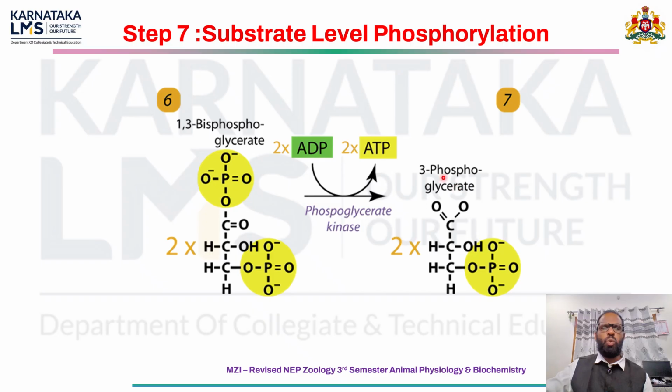That's why two glyceraldehyde 3-phosphates will be there, and because of this, in this reaction two ATP molecules will be generated by utilizing two 1,3-bisphosphoglycerates. This reaction is catalyzed by an enzyme called phosphoglycerate kinase, which is responsible for the transfer of the phosphoryl group from 1,3-bisphosphoglycerate to the ADP molecule. The ADP will become ATP.